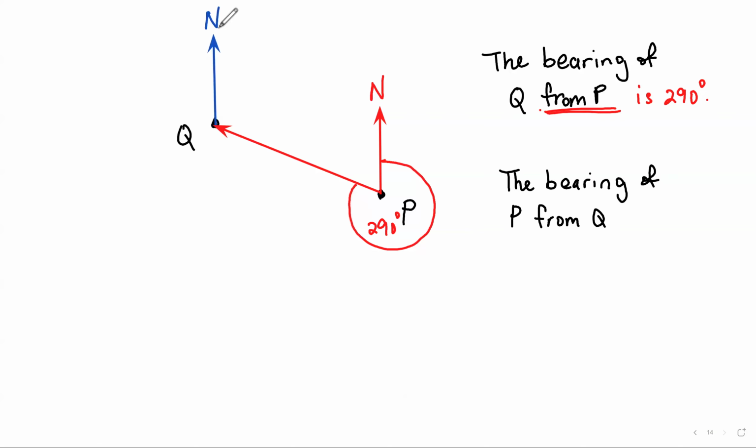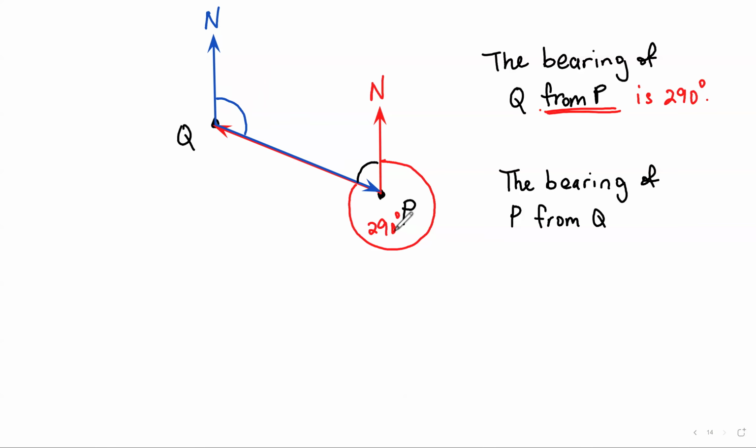Now the bearing of P from Q is the clockwise angle. So you're starting at the north line and you're opening out to where you meet P. So the bearing of P from Q is going to be this angle. Now to find out what this angle is, I can first find out what this angle here is because these are angles around a point.